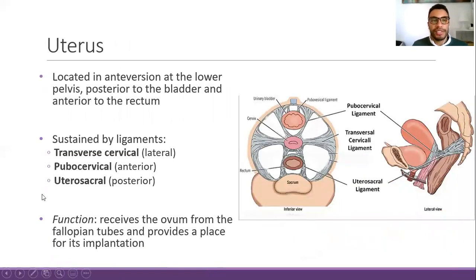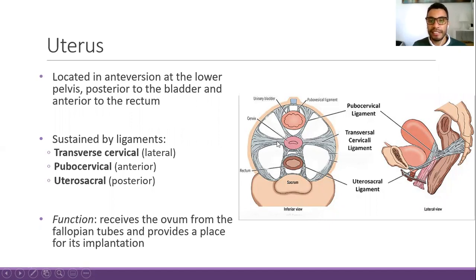Then the uterus is located in anteversion at the lower pelvis. Anteversion is the same as anteflexion. And it's located posterior to the bladder and anterior to the rectum. So this is the inferior view of the pelvic cavity.